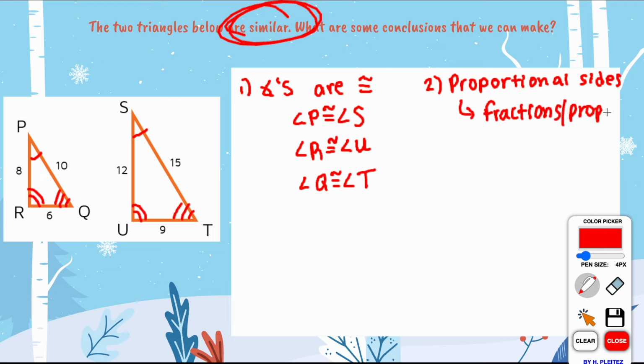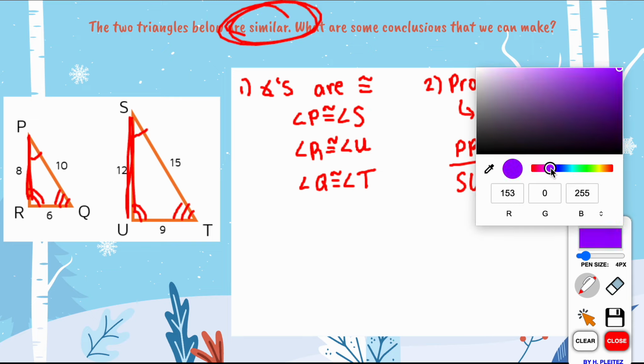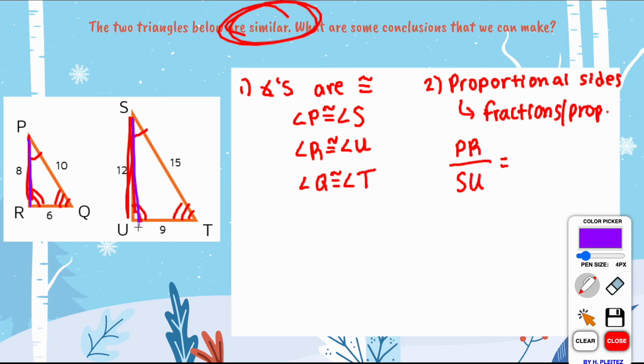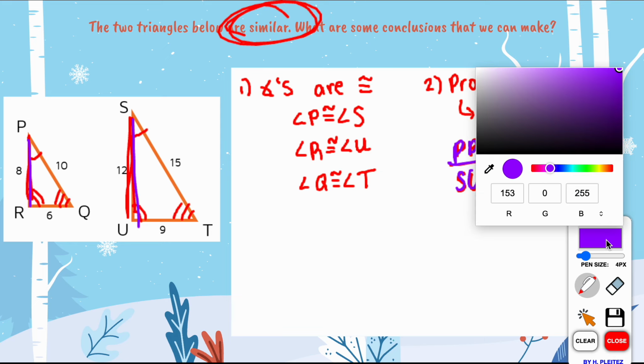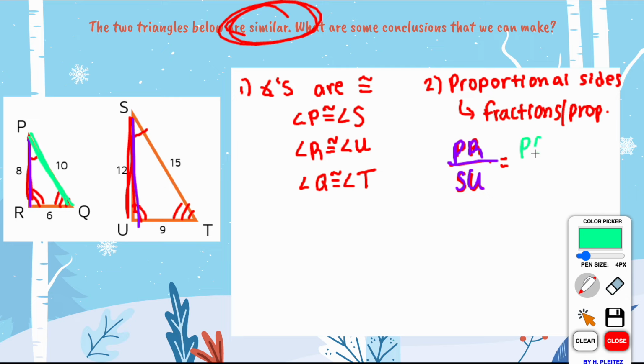So for example, we know that PR, which is this side here, PR over SU is going to be equal to, let me pick one other pair of sides, let's just say PQ over ST, right? We know that that's going to be true. And again, that comes straight from the definition of similarity. We can make those proportions.